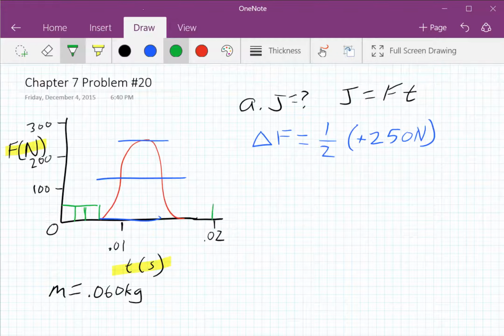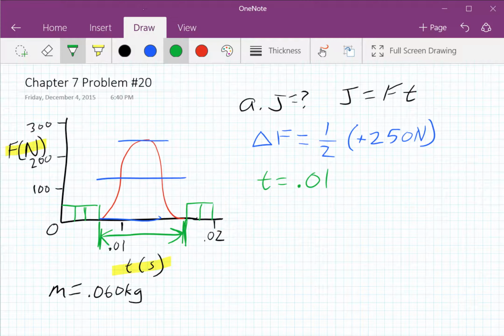Well, the space between here and this one on your diagram on the computer is 2 boxes, which means the space between here and here, so this space, is 1/100th of a second. So you can just go, okay, I know my time equals 0.01 seconds. This is what it means, by the way, when it says using graphical methods. Okay, you're just looking at the graph and figuring this out.